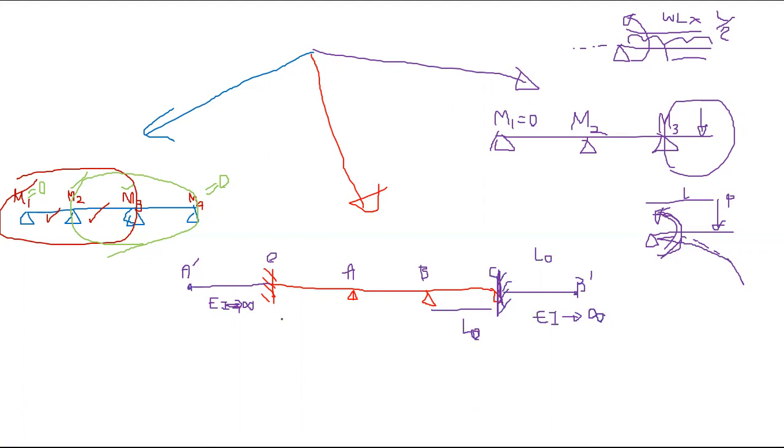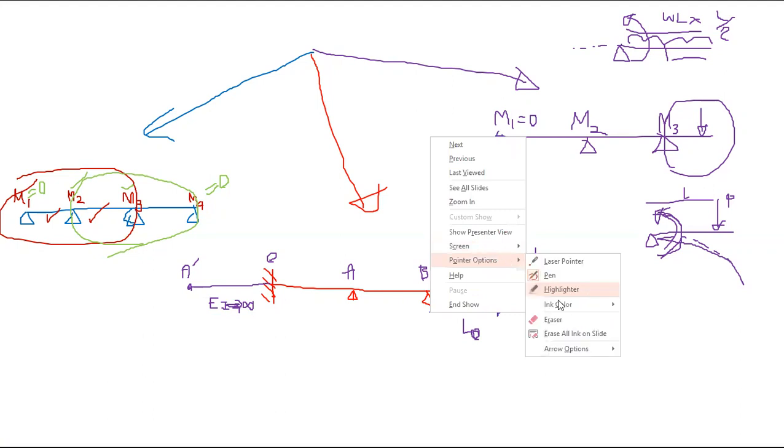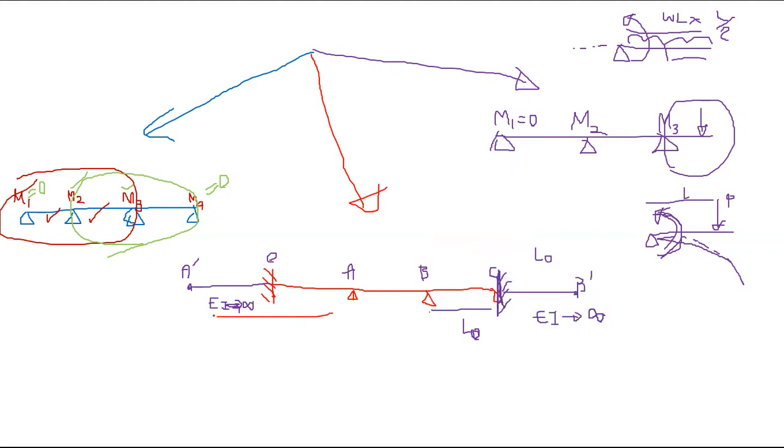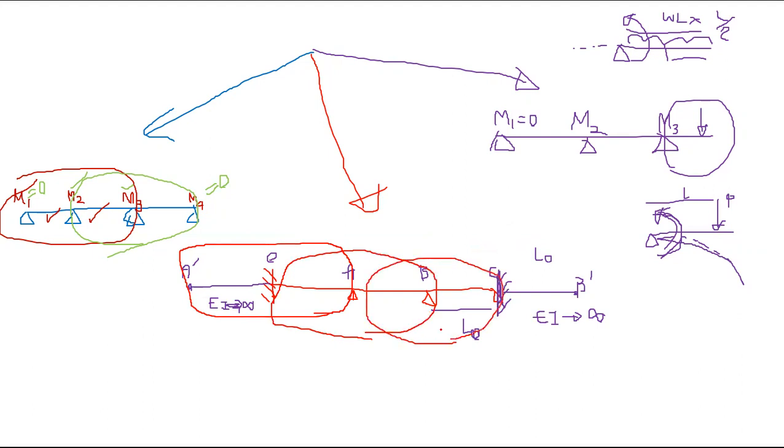Now you have some additional parts. If you have a beam like this, you apply the three moments equation only to two consecutive spans. Apply to these two, then next for these two, and finally for these two.